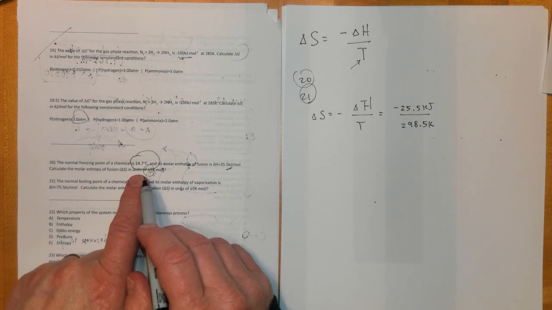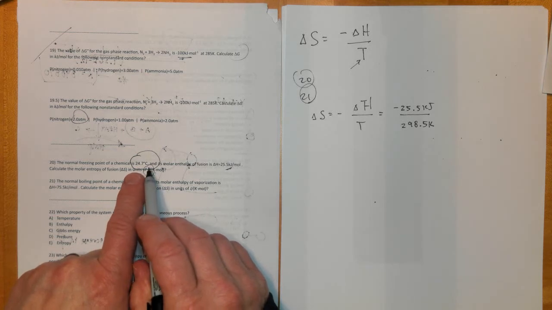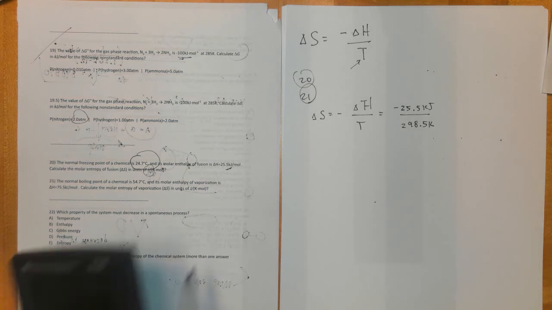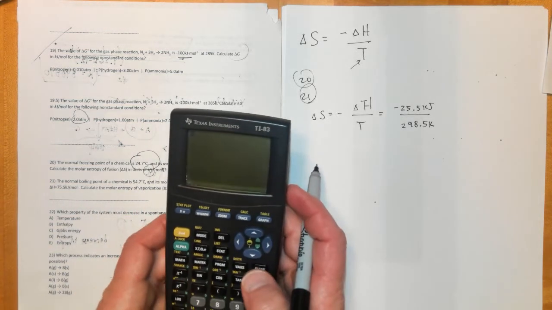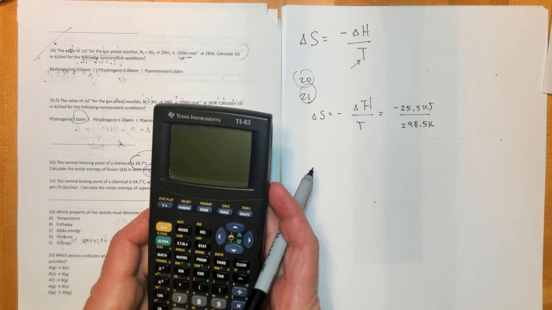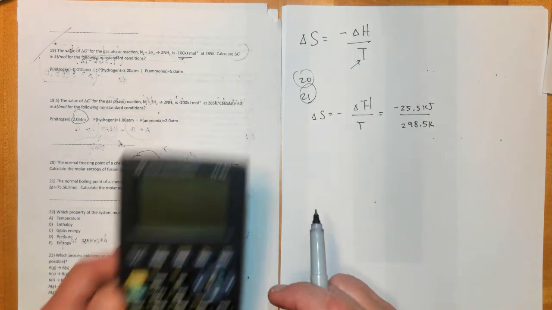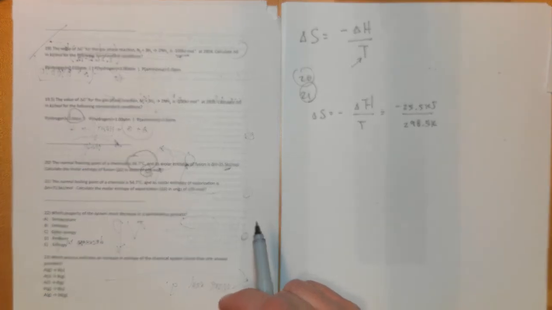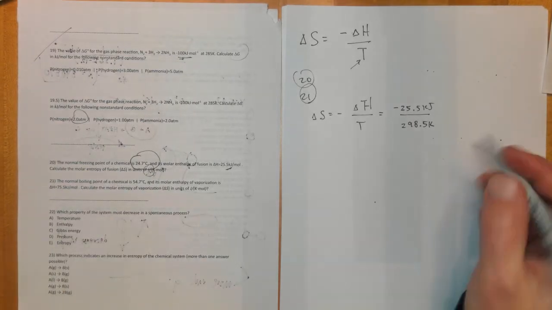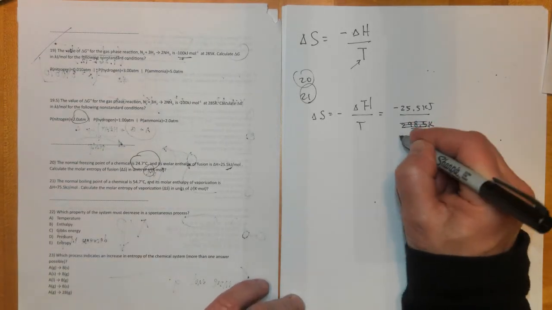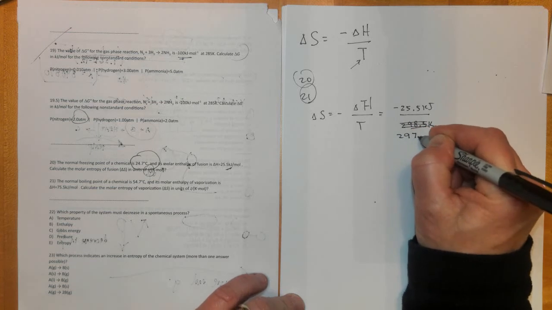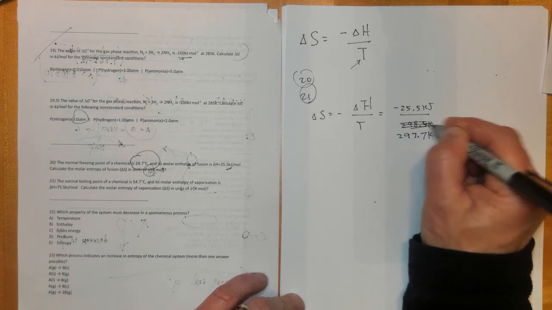Converting this 24.7 to Kelvin, 24.7 plus 273 equals 297.7. So let me change this just a little bit here: 297.7 Kelvin.